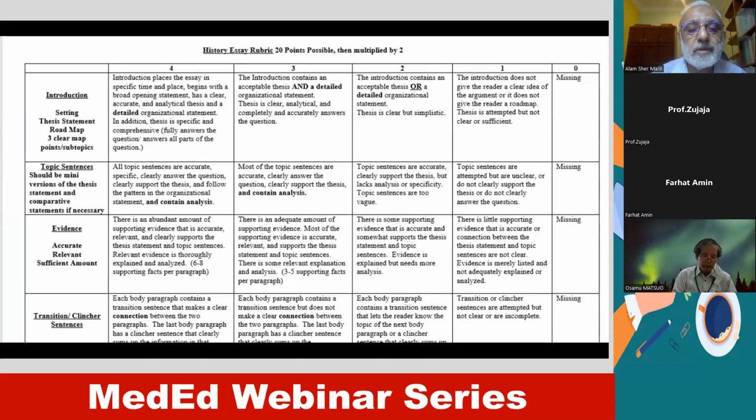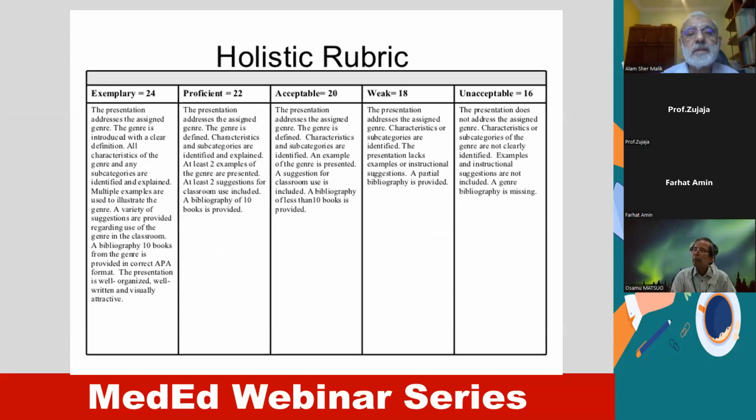Here is another example, quite in detail, about the rubrics and the marking schemes. This is an example of a holistic rubric, which, as I mentioned earlier, is more useful for extended response essay questions.